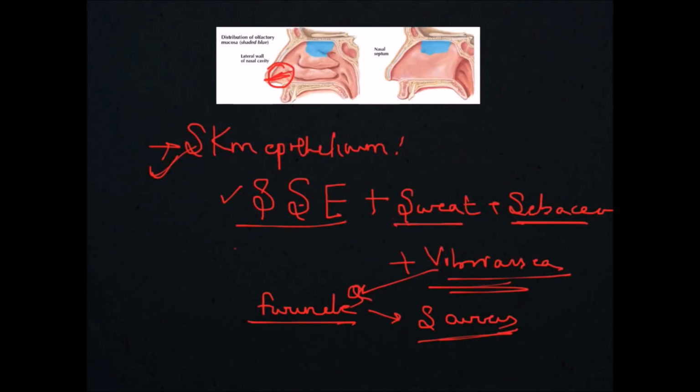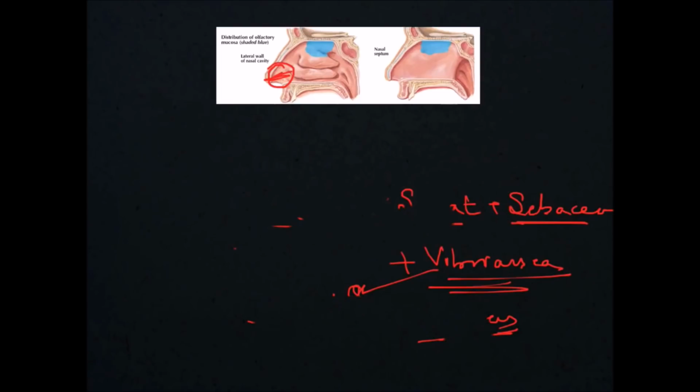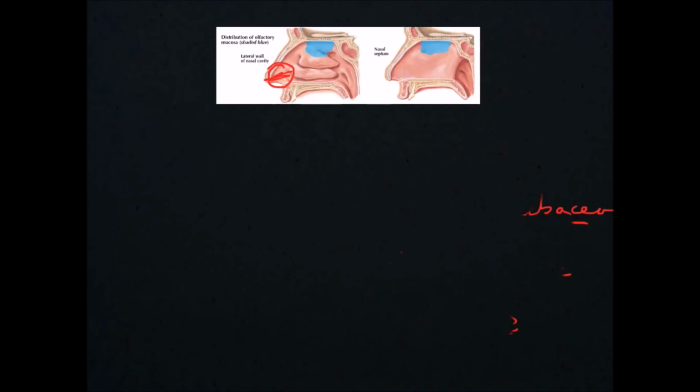Very simple. Now, we all know that in the upper one-third part of the nasal cavity there is a specialized epithelium which is responsible for the sense of smell. Let's see, this is the upper one-third part of the nasal cavity. The upper one-third lateral wall, upper one-third medial wall, and the roof are covered by a specialized epithelium known as olfactory epithelium.